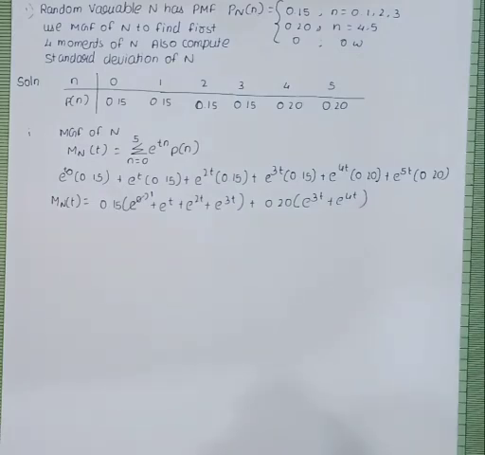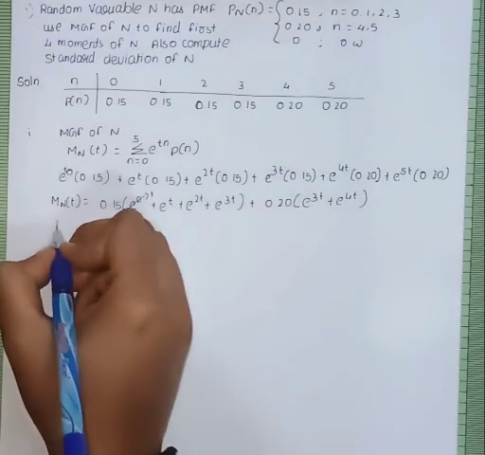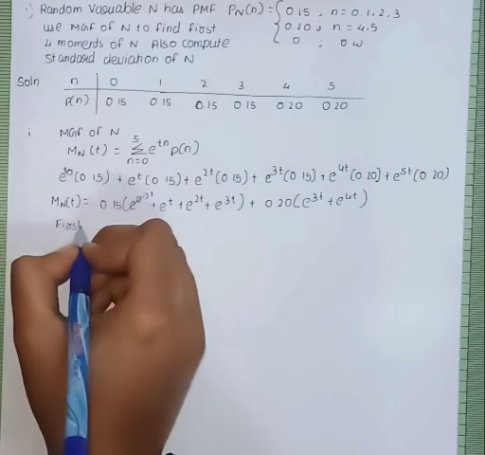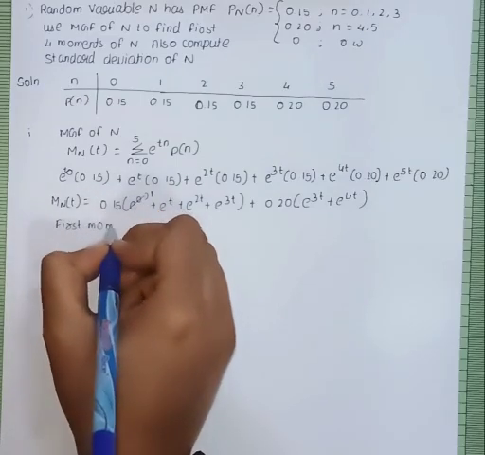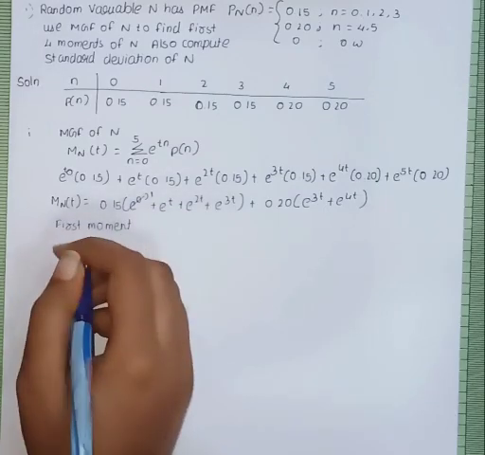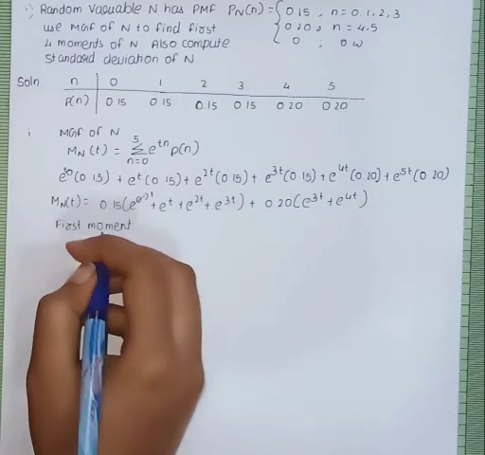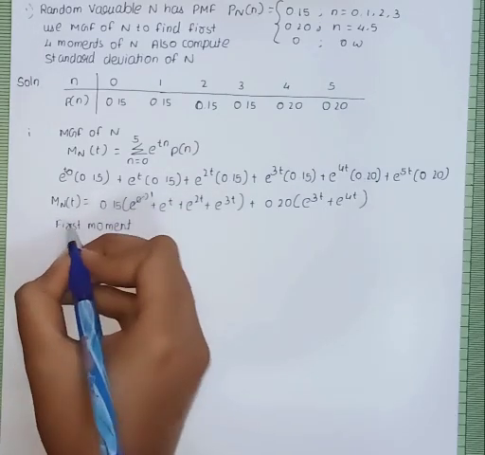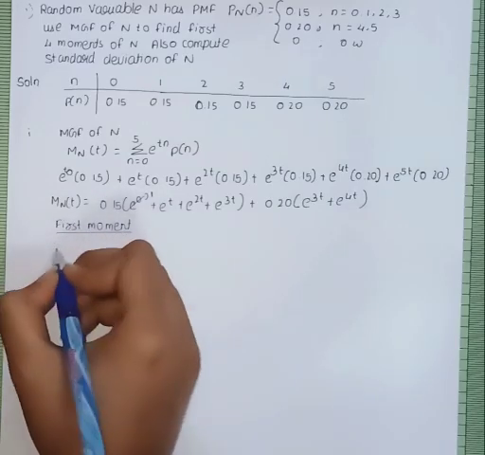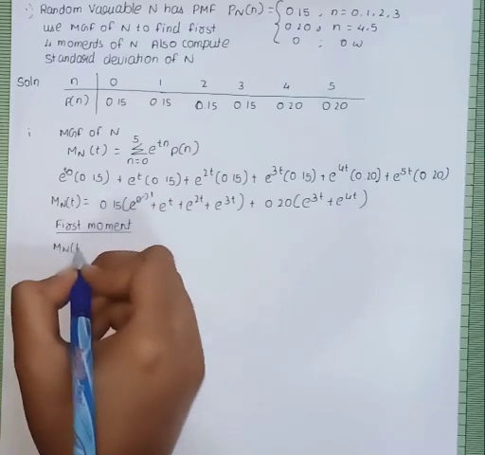So we need to find the first moment. To find the first moment we need to take M_N(t).